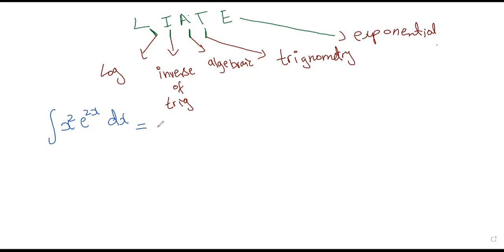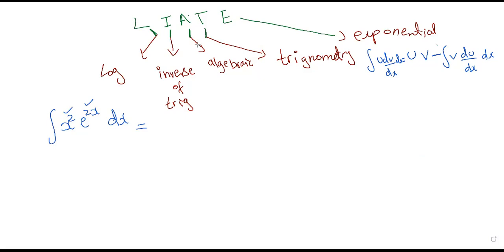So now we will use our formula. The formula says: first function comes as it is, integration of second function, minus integral of the integration of second function and the derivative of first function. This is the formula, just for your reference. Now the first thing is to choose the first function. This is x square and this is e to the 2x.